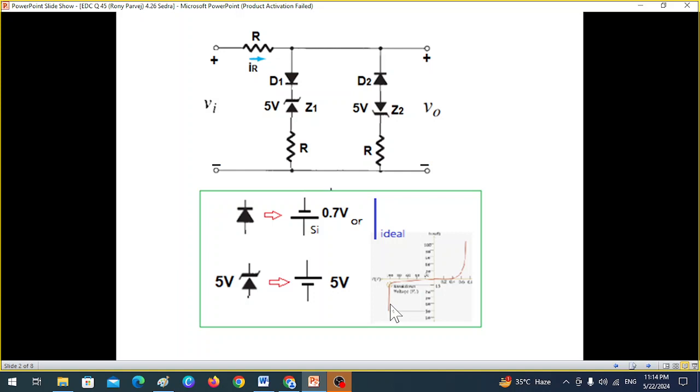That point is known as the breakdown voltage, which is given here to be 5 volt. So when this diode breaks down, we replace it with a battery, but now the battery terminals are opposite of the diode. So the negative sign will now represent the positive side, and the other side will represent the negative side of the battery. This point you have to keep in mind.